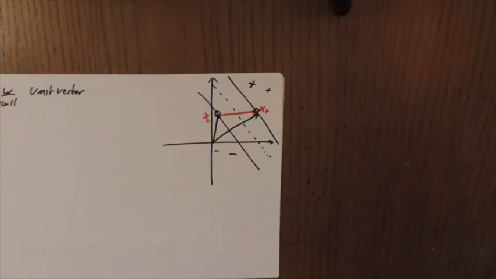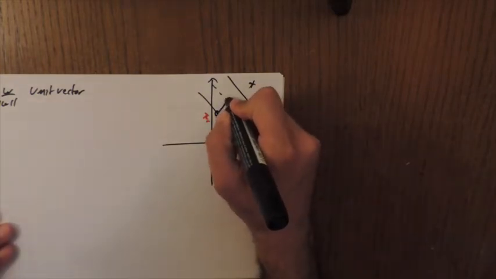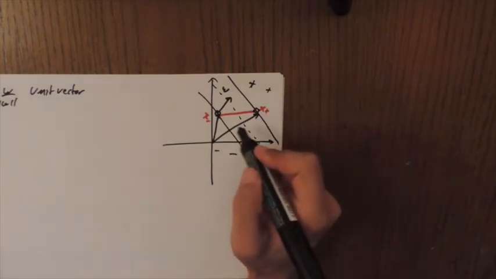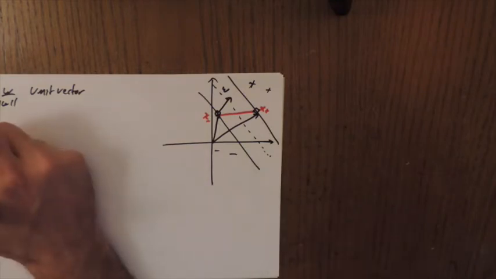We will use the unit vector of w, since the magnitude of w is irrelevant in our distance computation, and w here is the perpendicular. This is w, and the distance between x minus and x plus can be written as follows.